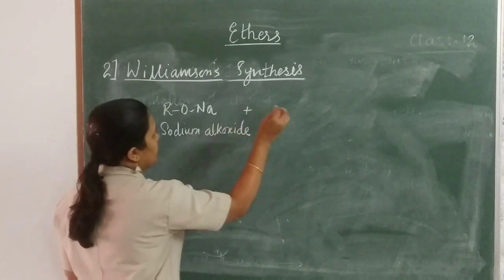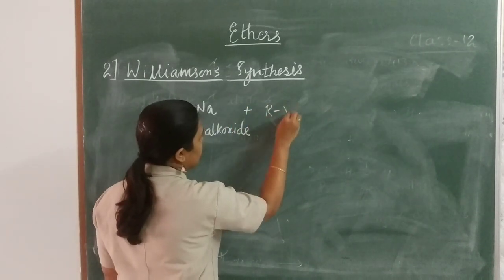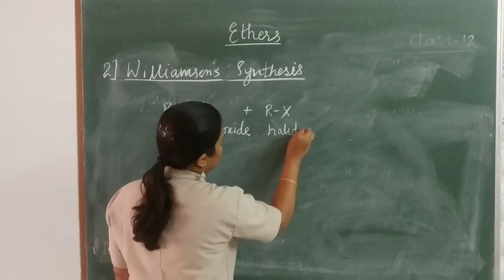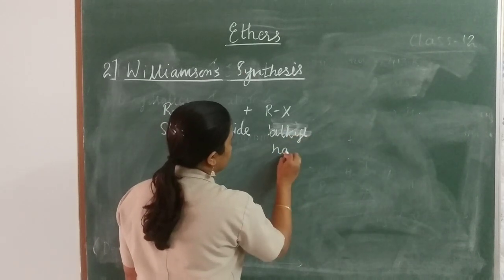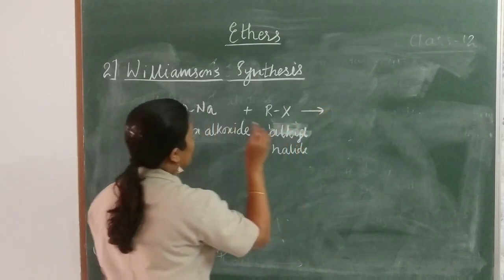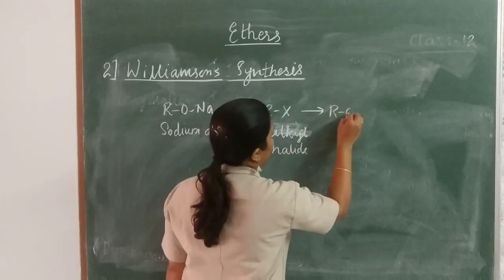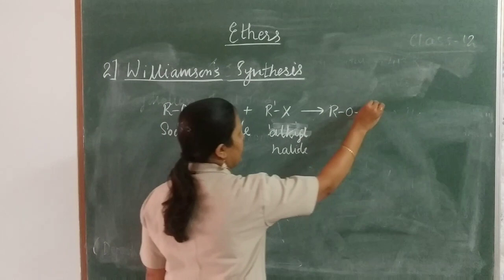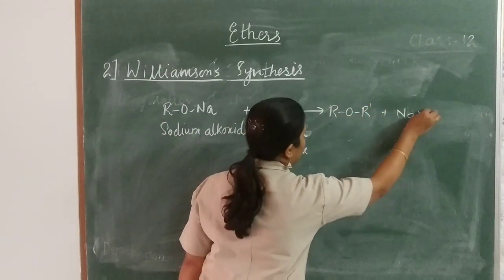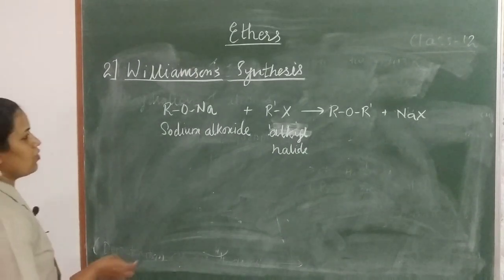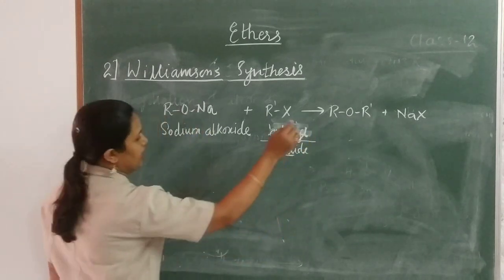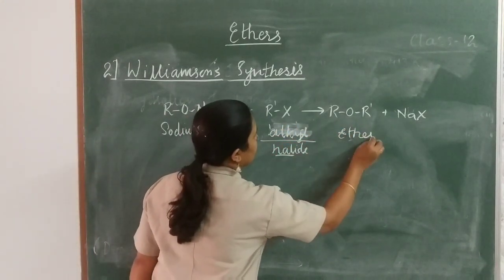When sodium alkoxide reacts with alkyl halide, I'll write here alkyl halide, it will give the product ROR', to make it different I'll write it this way, plus NaX, and this method of preparation is known as Williamson's synthesis. So in Williamson's synthesis we require sodium alkoxide and alkyl halide, and we get ethers as the product.